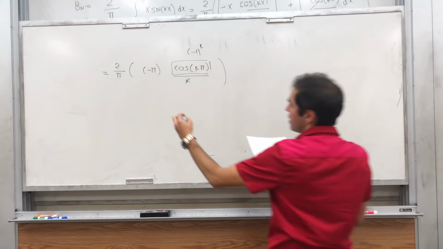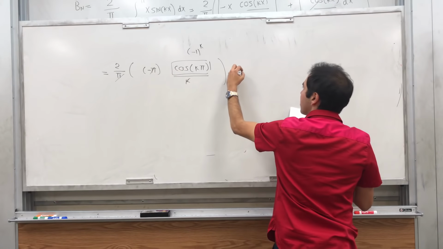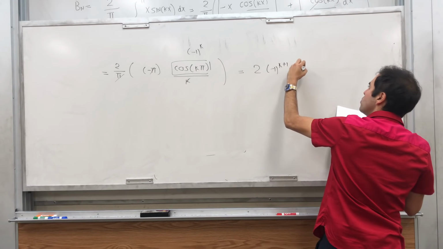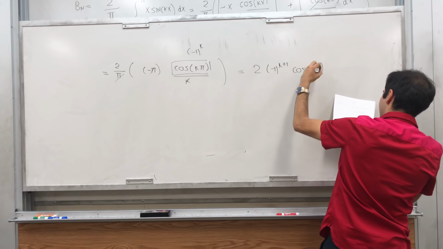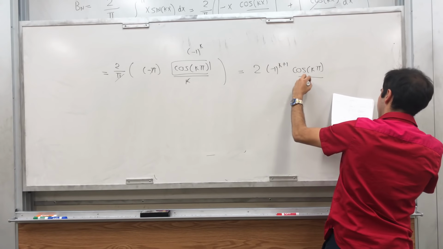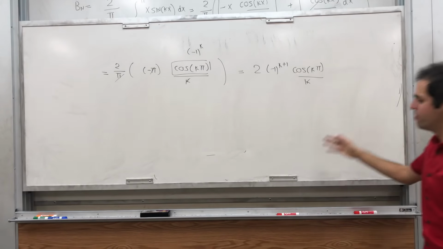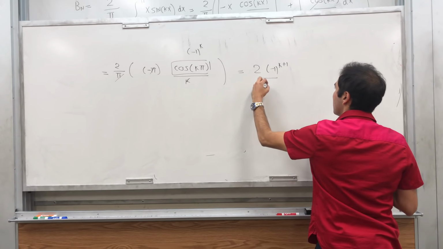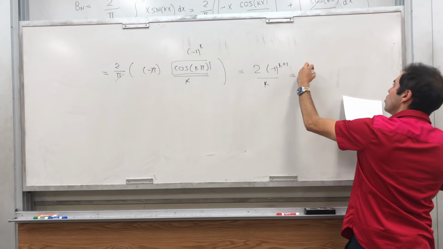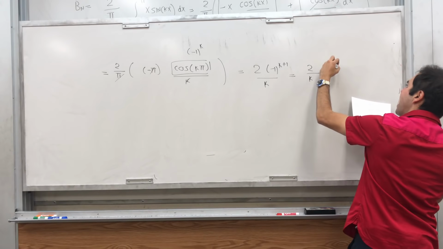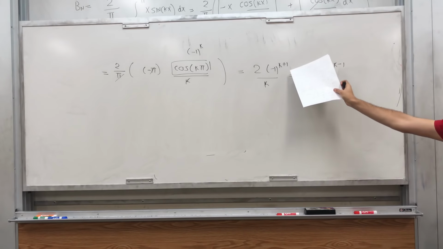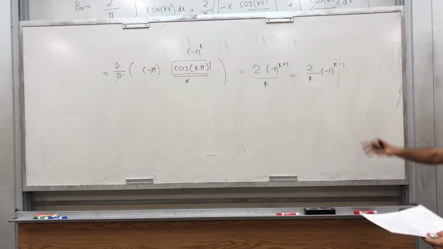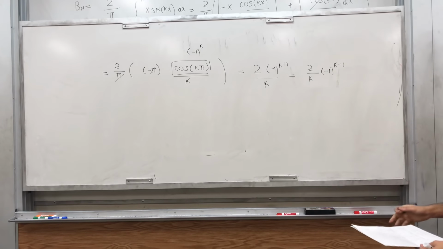So the pi's disappear, and it becomes 2 times minus 1 to the k plus 1, over k. But this is really the same thing as 2 over k times minus 1 to the k minus 1, because if you want, divide both sides by minus 1 squared, which is 1, and then k plus 1 minus 2 is k minus 1.